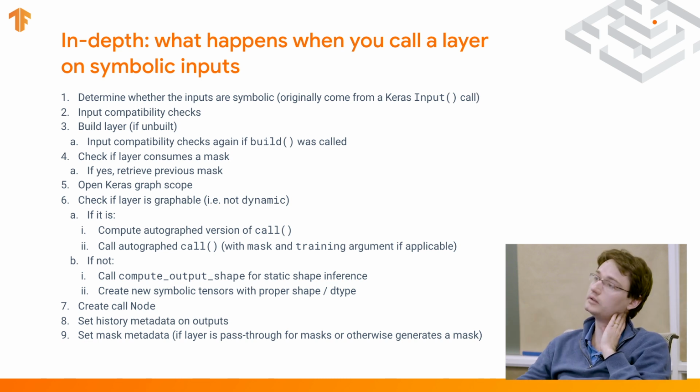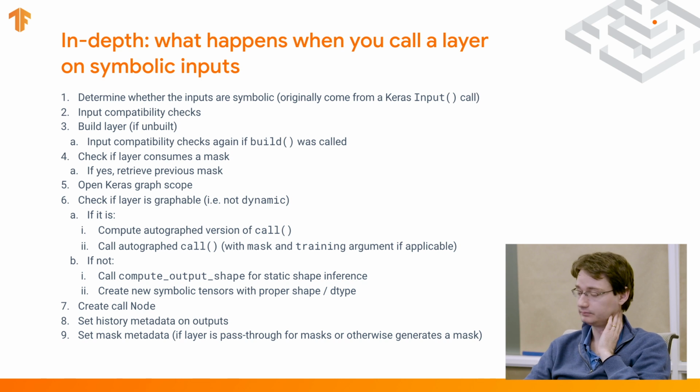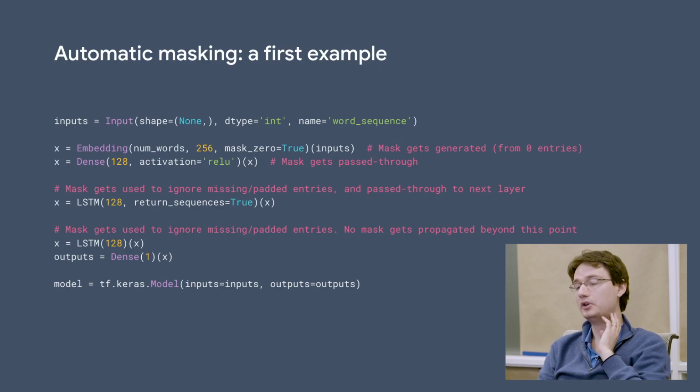Question about masking and the loss. If you have a particular loss that takes a 3D tensor, or you're trying to filter out the padding data, does the mask get propagated to the loss? Yes, that's right. So in this example, for instance, our sequence reduction at a CM layer would have been destroying the mask.